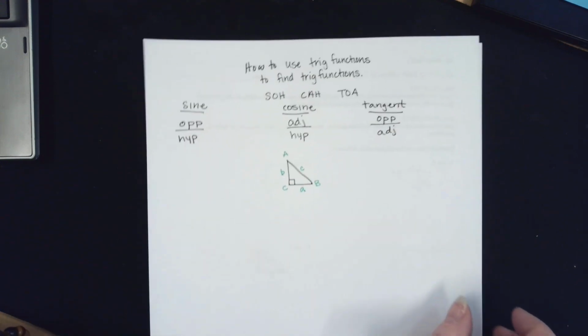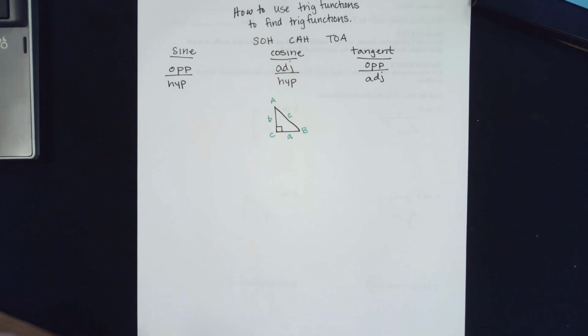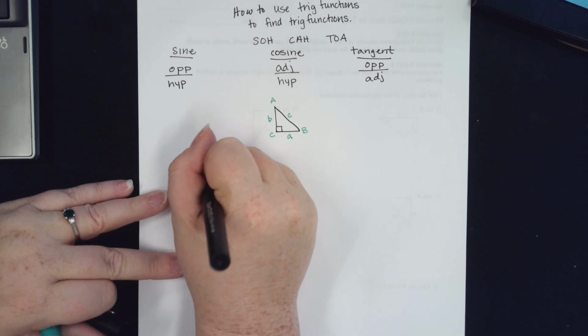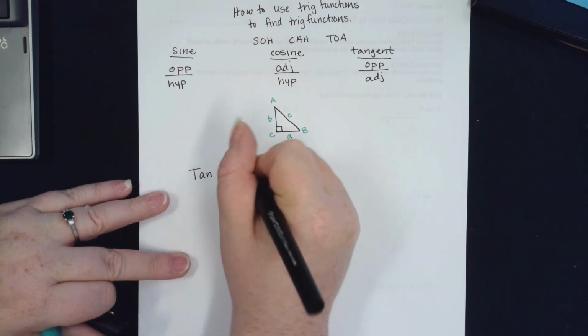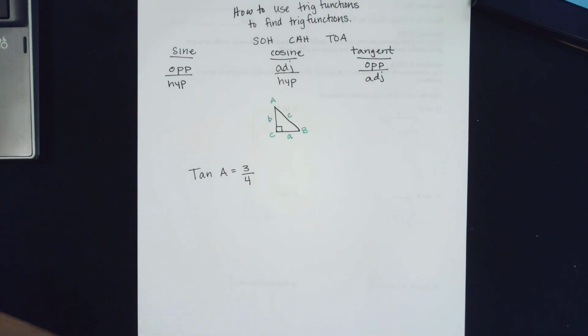So let's look at an example. Let's say that I am told that tangent of A equals 3/4. Okay, so let's think about that.